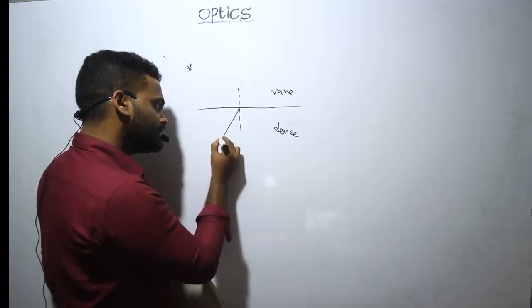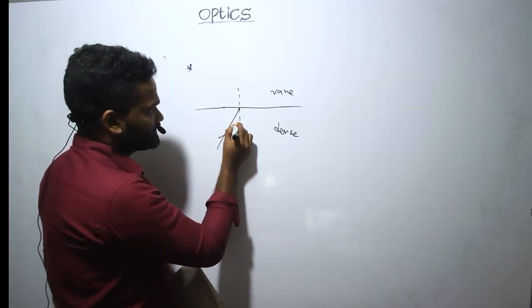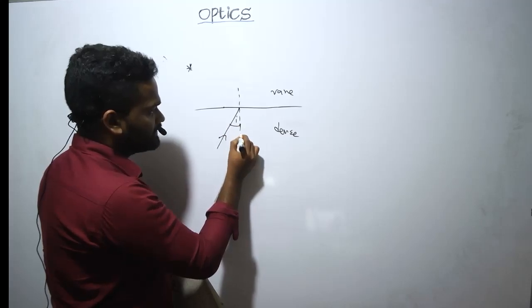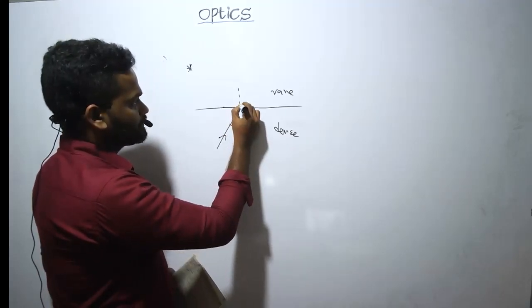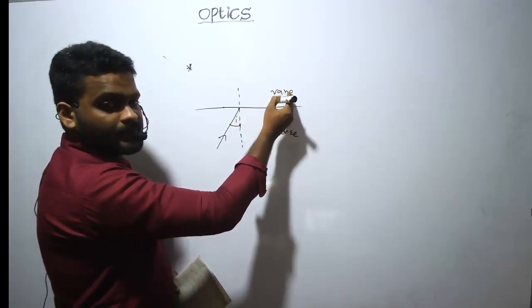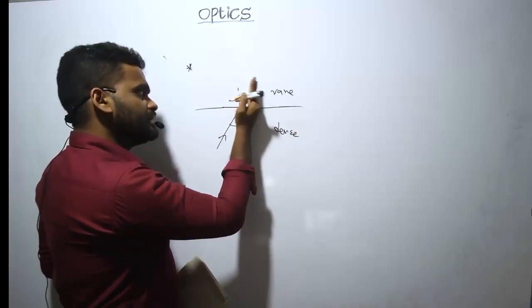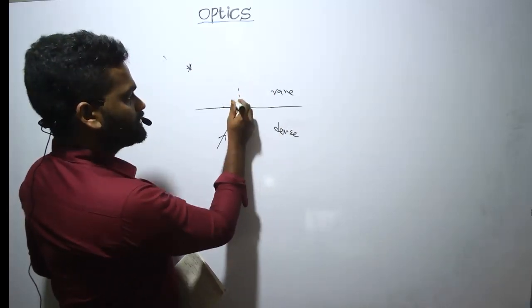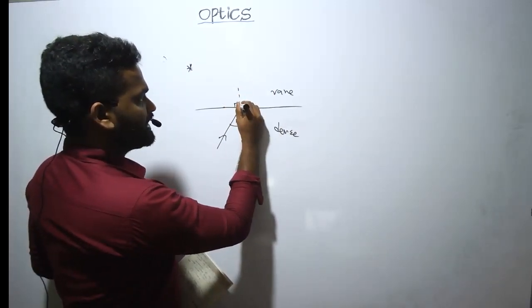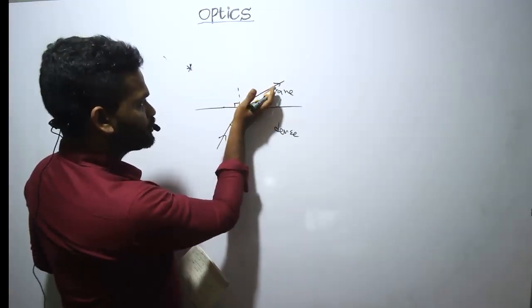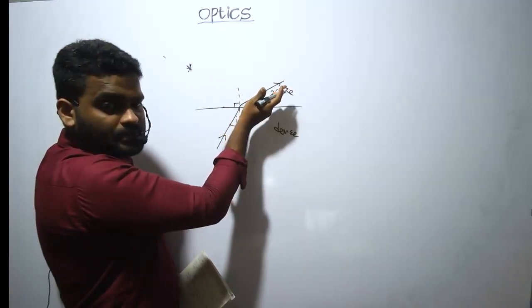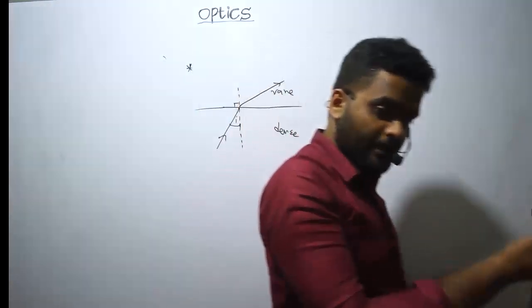Let's say the incident ray comes like this, and this angle is I, goes to the rare medium. So whenever it goes to the rare medium, it bends away from the normal. So it has to bend like this, not towards the normal, away from the normal.